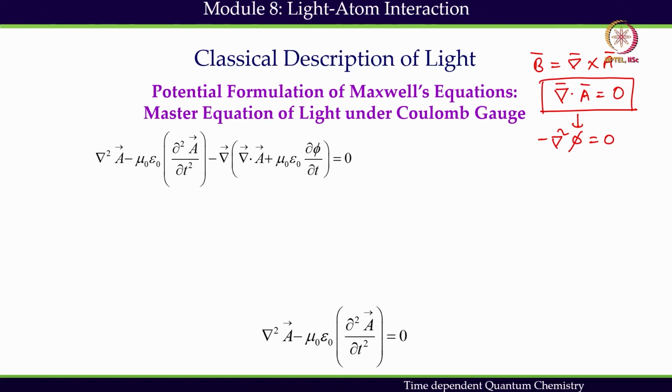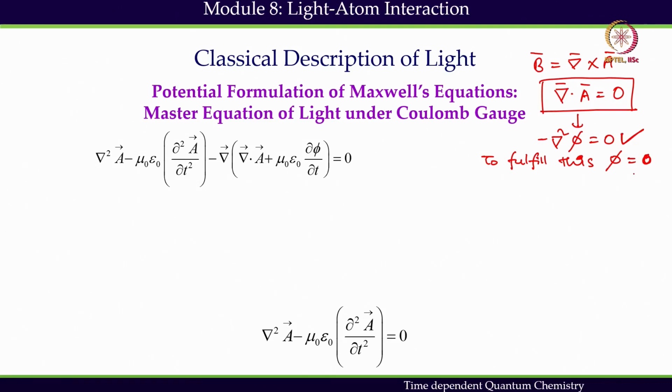And to fulfill this, we will select phi to be 0, because if phi is 0, then this condition will be valid. If phi is constant, then also it is valid, but we'll just not go for the constant. We'll just simplify the problem by selecting this gauge. So we will consider this phi to be 0.